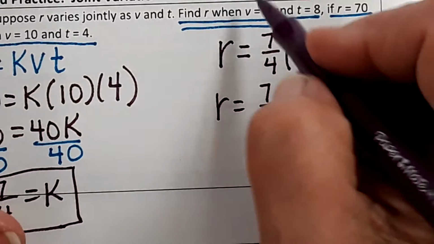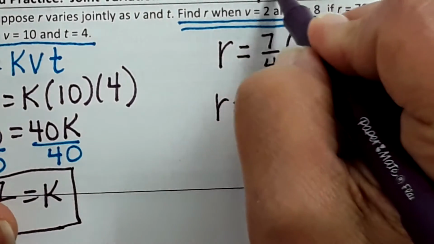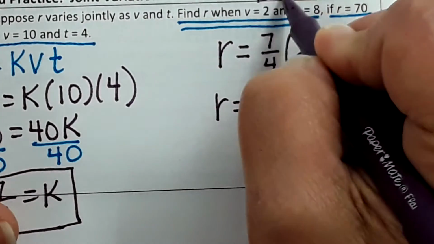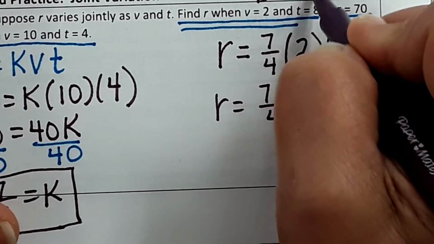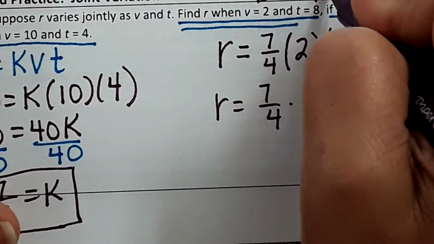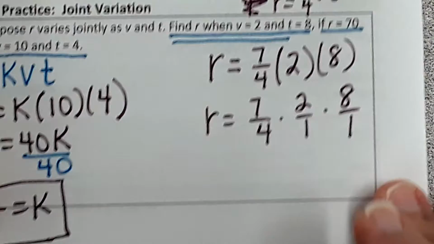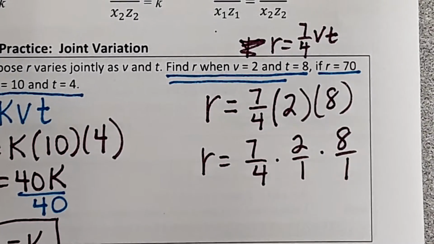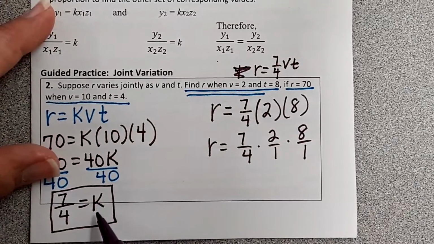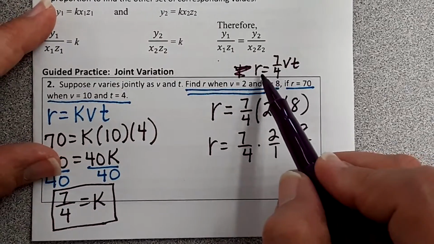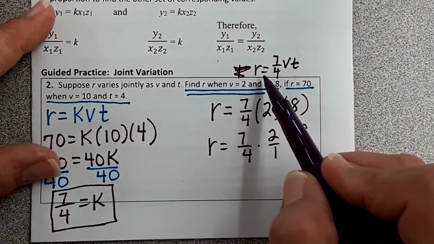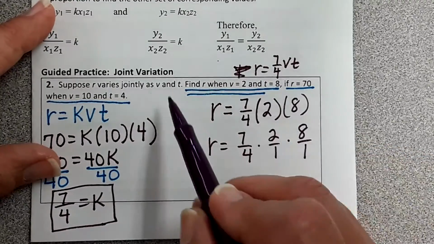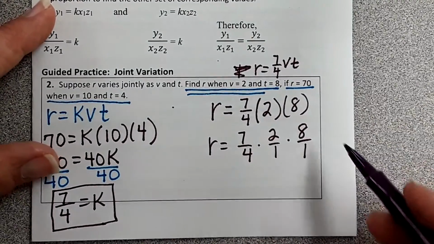The joint variation equation would be r equals 7/4 vt. That's the joint variation equation right there. K is your constant of variation. So k is your constant of variation, and this is the joint variation equation for this problem. And now we're going to solve this.